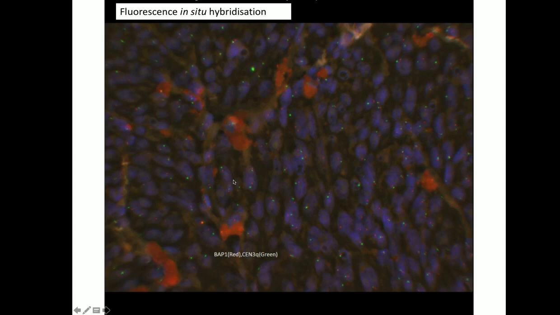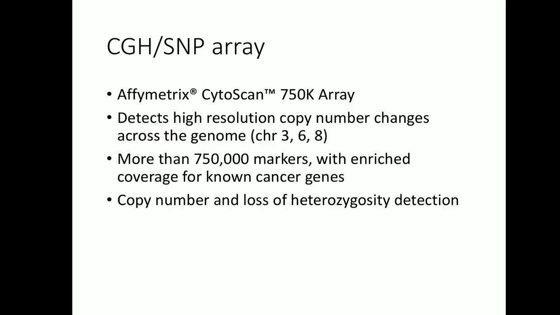So you count the number of chromosomes per nucleus, so all these blue things are nuclei, the number of BAP1 signals, and then you see whether it's lost or gained. So it's quite fiddly, and we usually do one probe per section. So if you wanted to look at 8, we're looking at the MYC gene on chromosome 8q. So we've moved away from that because it tends to be less informative, and it can be a little bit technically challenging when you're looking at more than one probe.